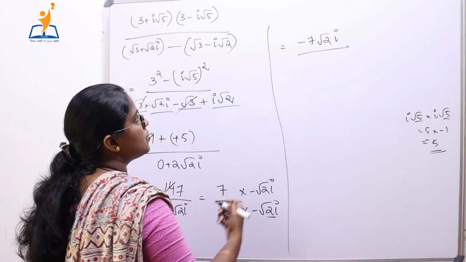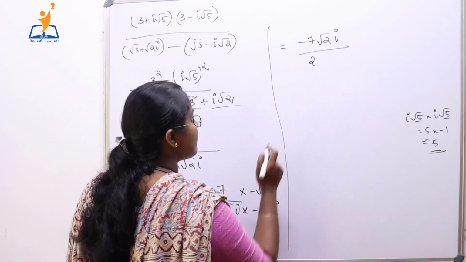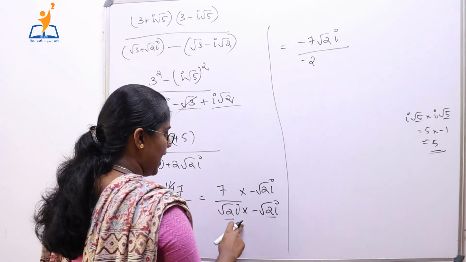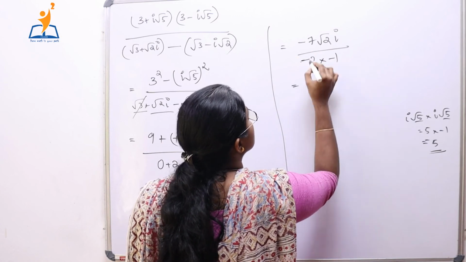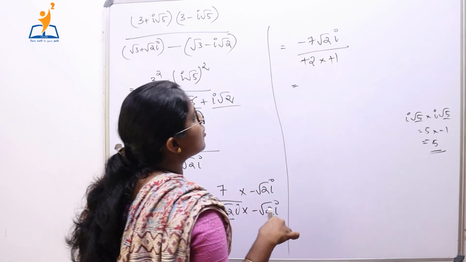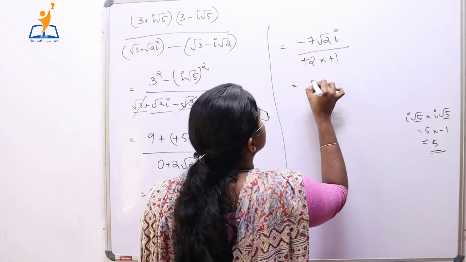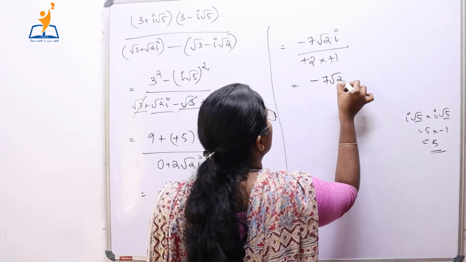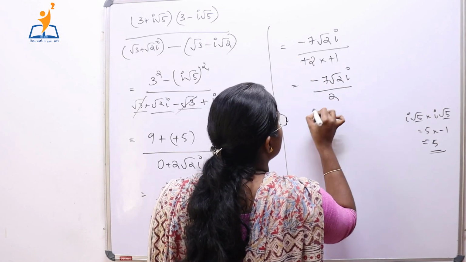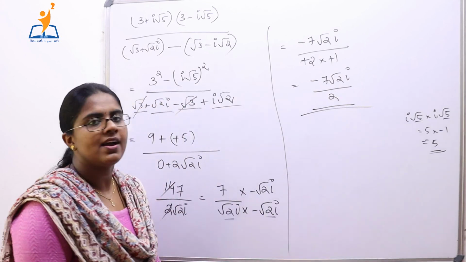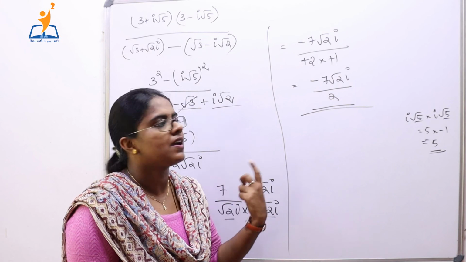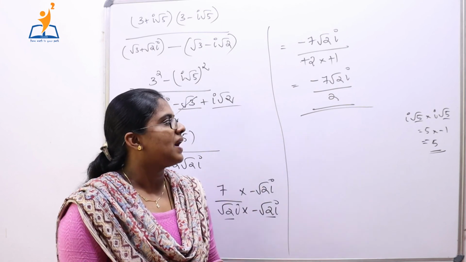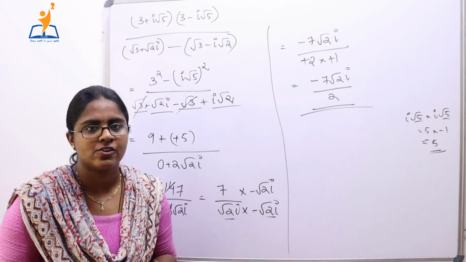Root 2 into root 2 is 2. We have a minus here, okay, and i into i is i square, which is again minus 1. So this minus and minus gets into positive, so it will become minus 7 root 2i divided by 2. So that's the complex number which is of the a plus ib form, where the real part is 0 and the imaginary part is minus 7 root 2 by 2.